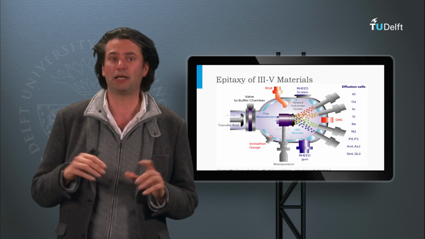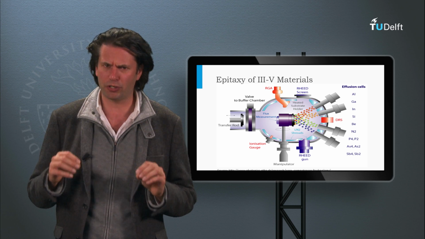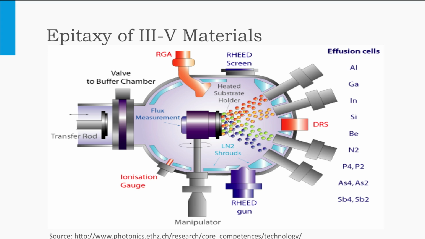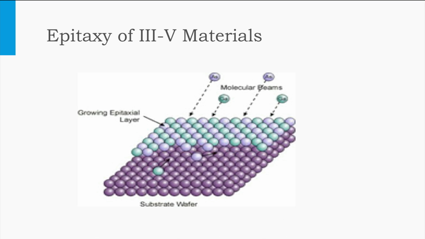High quality 3,5 semiconductor materials can be deposited using epitaxy deposition methods. Epitaxy is a deposition method in which a crystalline overlayer is deposited on a crystalline substrate, where the overlayer adopts the crystal lattice of its substrate. The precursor atoms are provided by various element sources.